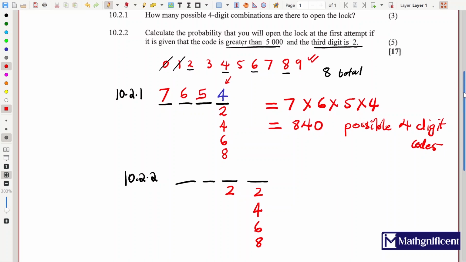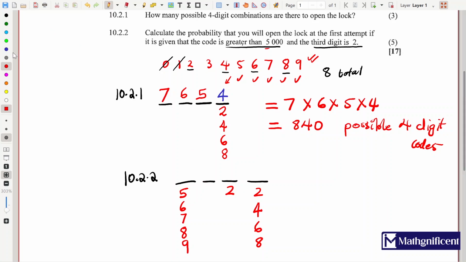Now, for a code to be greater than 5,000, it should at least start with 5, right? So the code here can start with 5, 6, 7, 8, and 9.